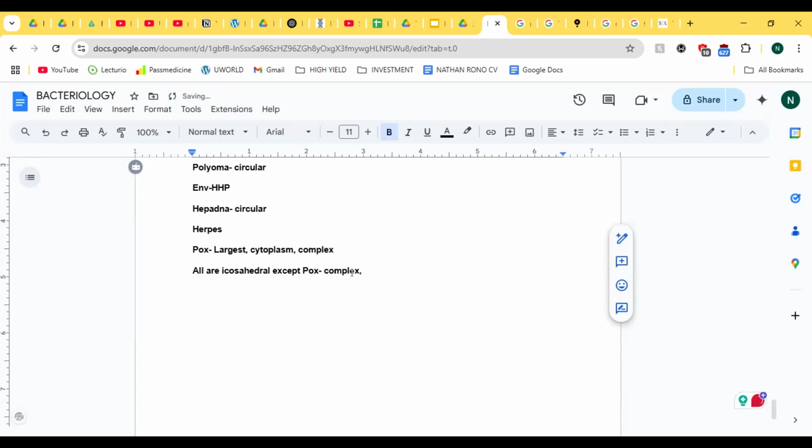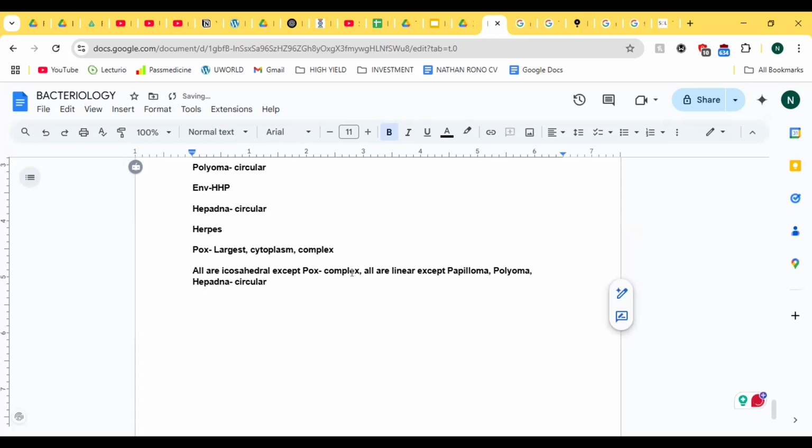Another thing you're going to say is all are linear except papilloma, the ones in the middle, papilloma, polyoma, and bad DNA, which is hepatitis B, which are circular.